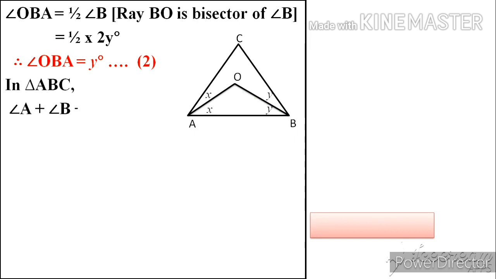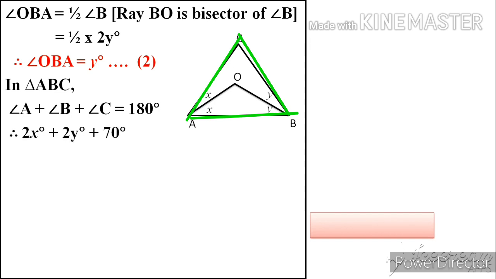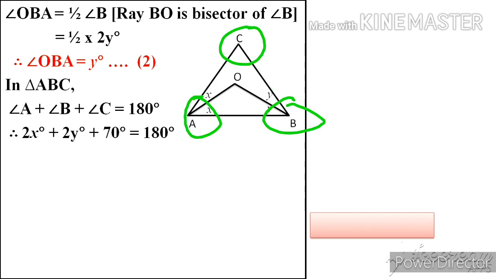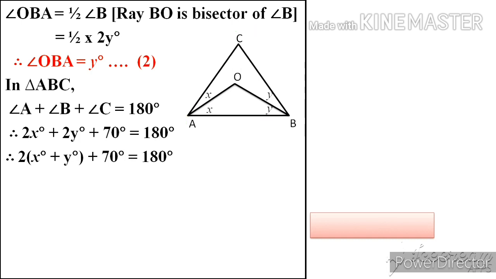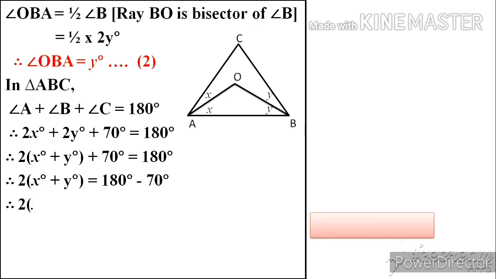Now in the triangle ABC, as we know, angle A plus angle B plus angle C equal to 180 degree. Sum of measure of all the angle of a triangle is 180 degree. Substitute the value of angle A 2x, angle B 2y plus angle C is given 70 degree equal to 180 degree. Therefore 2 is the common from 2x and 2y.